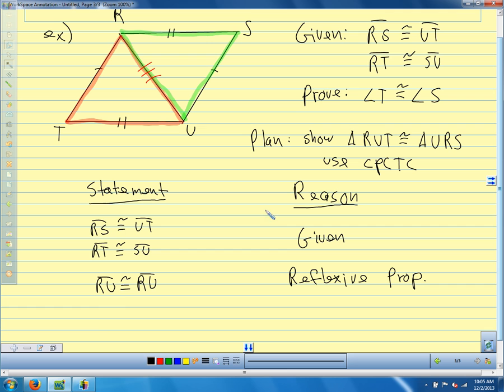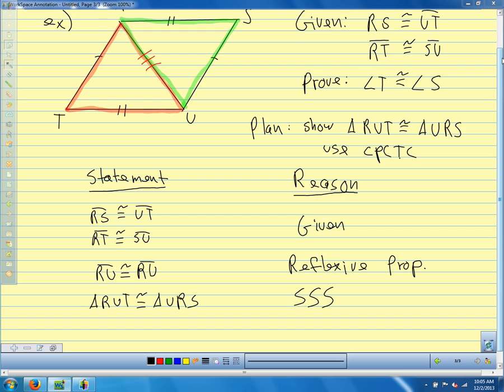Now we can say our triangles are congruent. Triangle RUT is congruent to triangle URS. And we said our reason for that was, what kind of triangles do we have here? Well, what parts do we have that are congruent? Side, side, side. We have three sides.